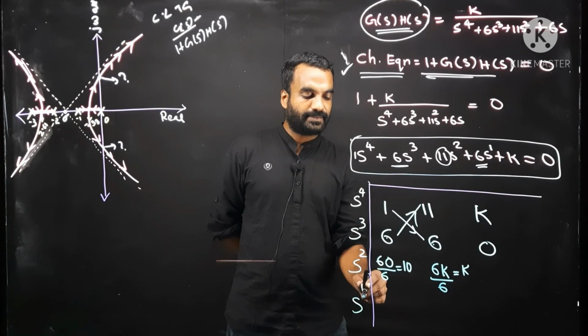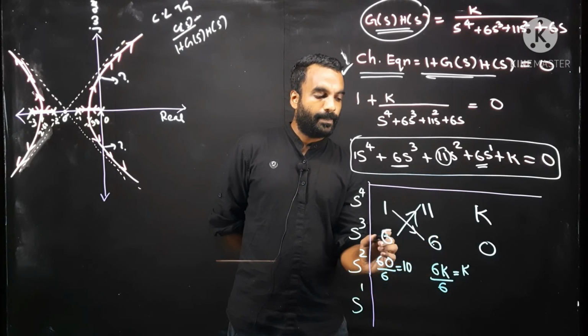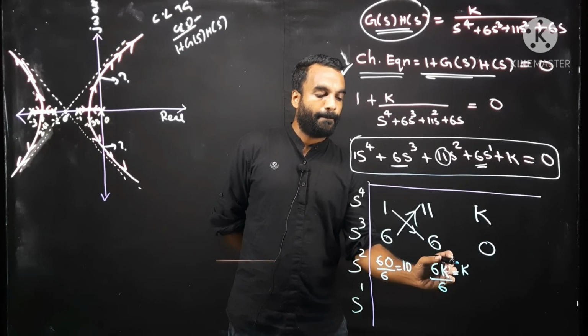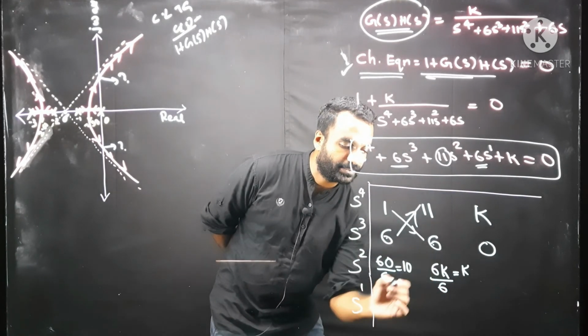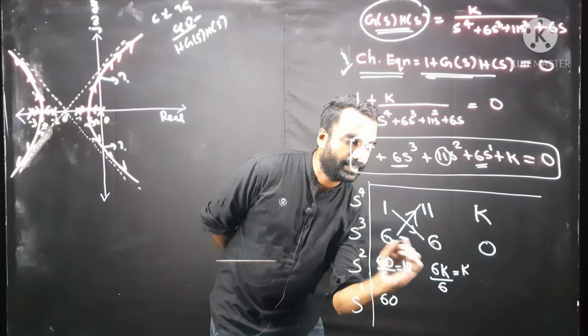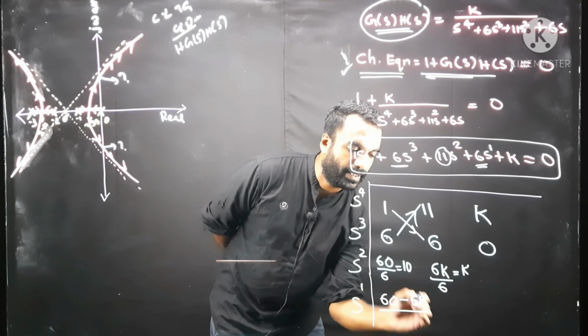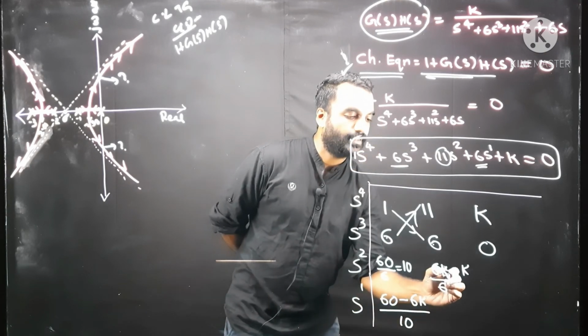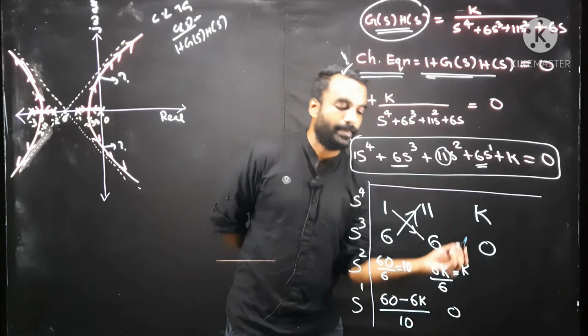Next, s^1 row: 10 into 6 minus 6 into k, by 10. 10 into 6 means 60, minus 6 into k, all divided by 10. And this term, k into 0 minus 6 into 0, everything will be 0.